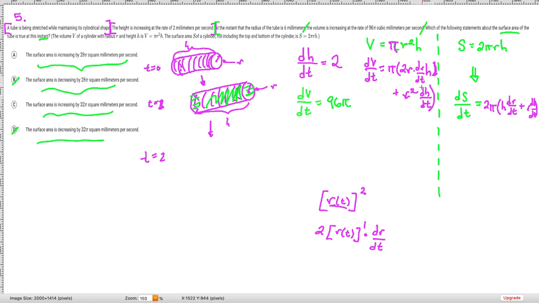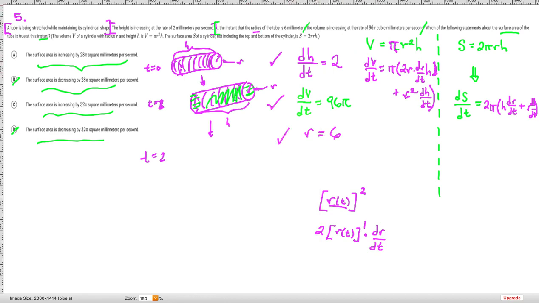Okay, so let's see what I have. I have dh/dt, I have dV/dt, and then I have r. r is 6 millimeters, right? The instant the radius of the tube. So what do I have in this formula?